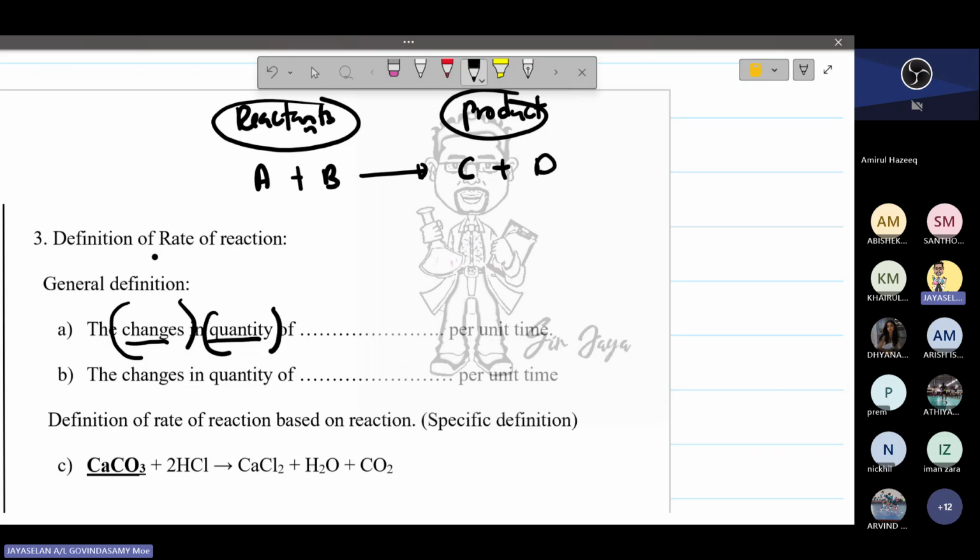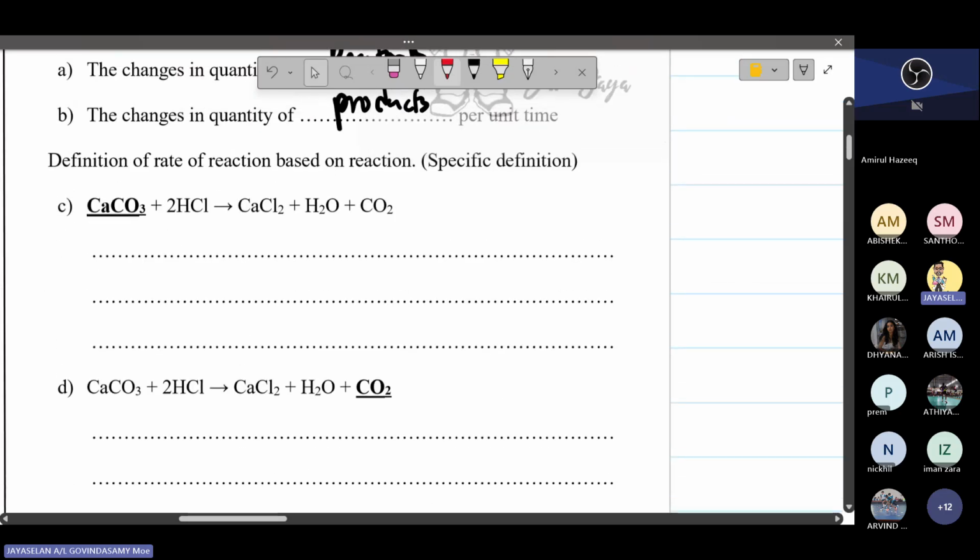Very important: change in the quantity of reactants per unit time, or change in the quantity of product per unit time. This is the general definition. How to use it, we will do questions later. Understand already? Okay.